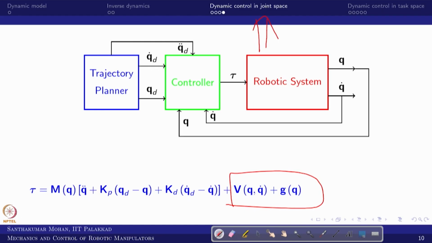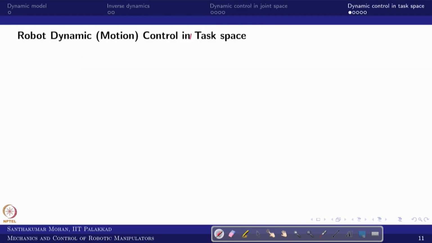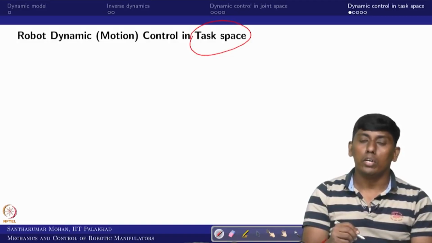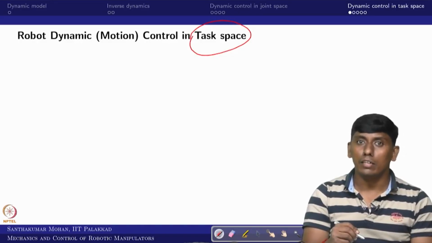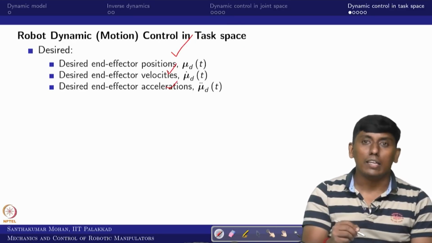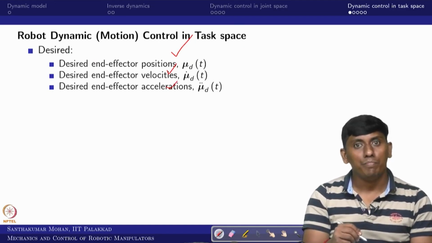Now we will see the same thing in the task space. So we are trying to see the motion control in task space. For that, what we expect as given is the desired end effector position, velocity, and acceleration, all would be available.